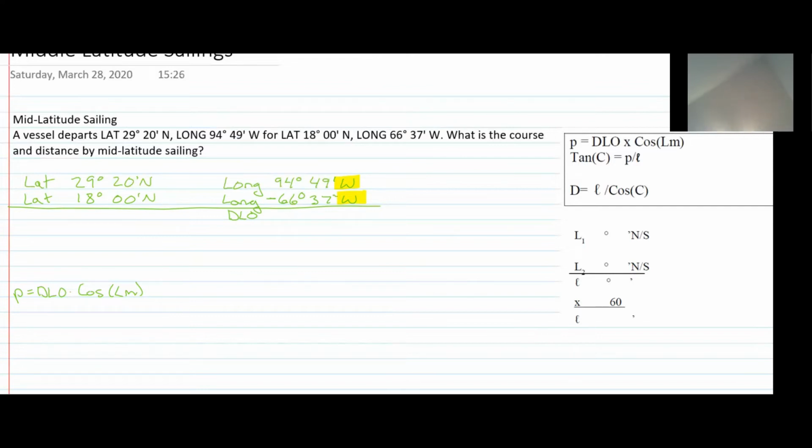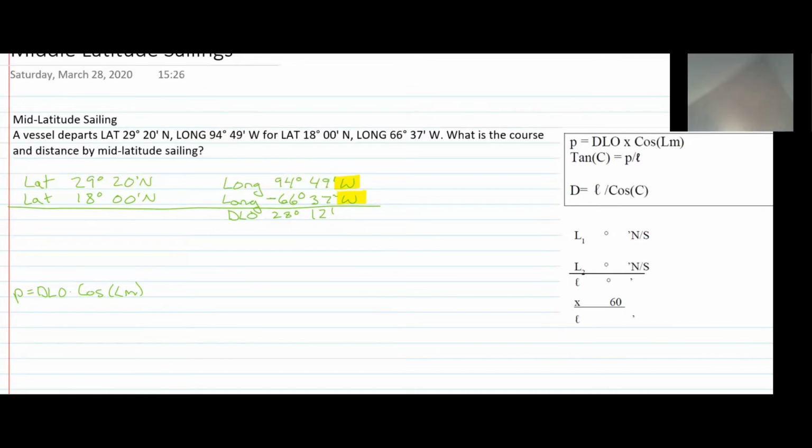If we had a west and an east, we would add them. So 94 degrees, 49 minutes, minus 66 degrees, 37 minutes, is 28 degrees, 12 minutes. It doesn't matter to put a symbol east or west, this is the distance between them.